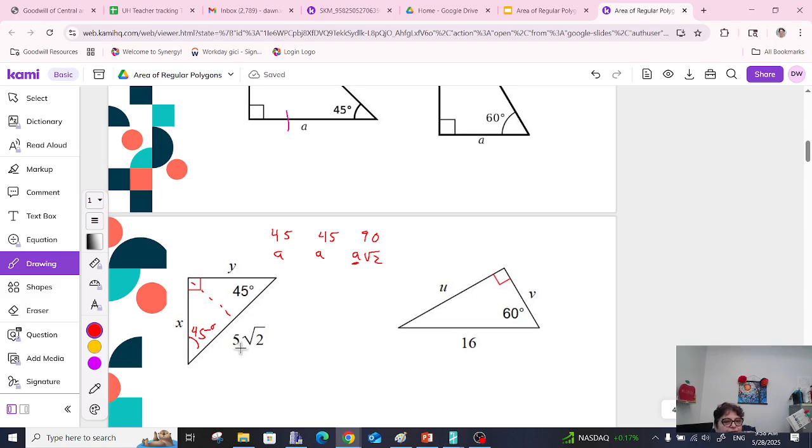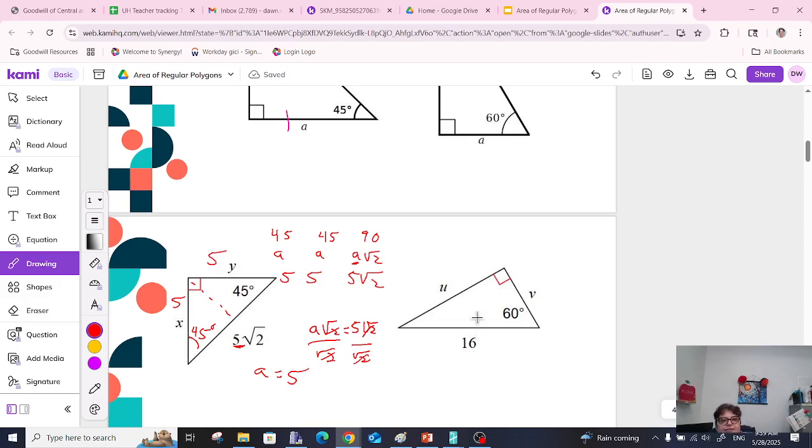What's in front of the square root 2? 5. So A is 5 since this was 5 square root 2. Now you could have gone A square root 2 equals 5 square root 2, divide by square root 2. Do I have to do this? No, the whole reason for learning the patterns is to save time so you wouldn't have to. Hopefully you just look at this and go, oh, that's 5. And this is 5. And I can move on with the rest of the problem.